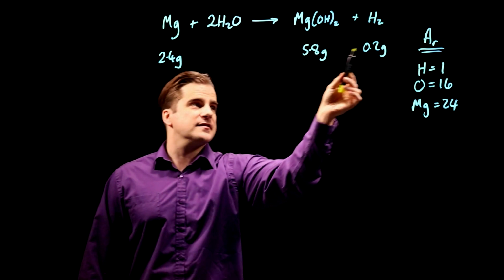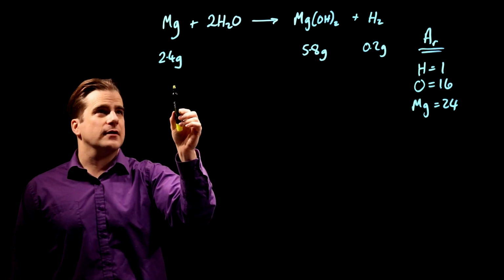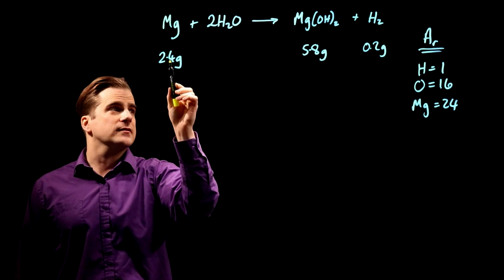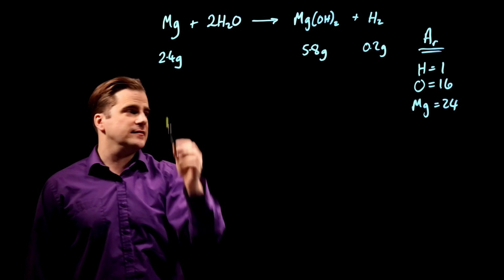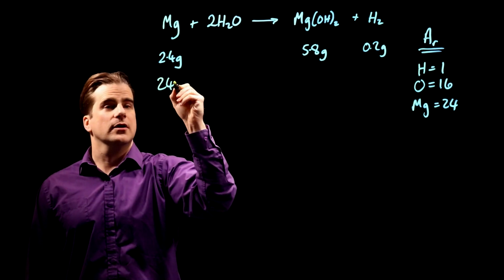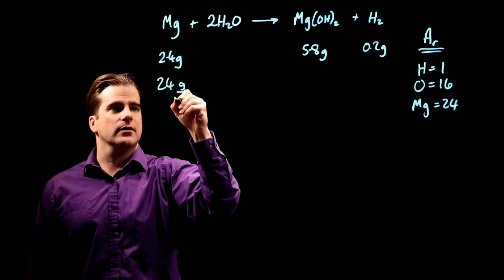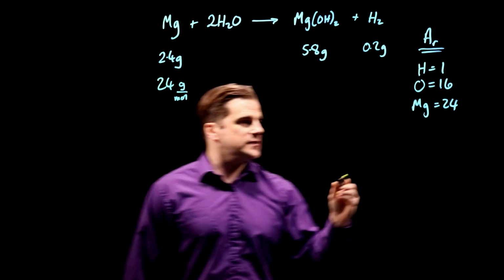So they've given us the masses, so we have to work out the relative molecular masses of each of these and write that underneath. So magnesium, well that's easy, it's just magnesium, it's 24. So it's 24, include the units, grams per mole. Okay? Right, water, H2O.